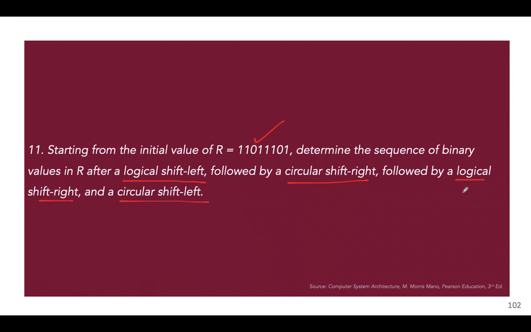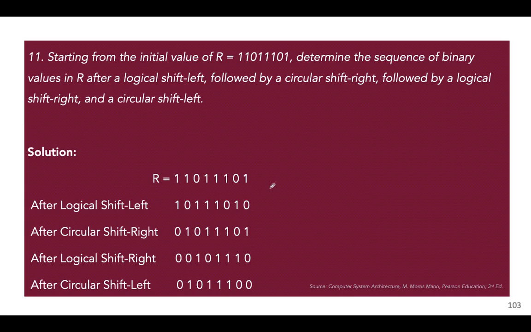On that number, then perform logical shift right, and finally circular shift left and tell what the final result is, right? And you can see that this is what you'll get. This is after logical shift left, after circular shift right of this number, logical shift right of this number, and circular shift left of this number.